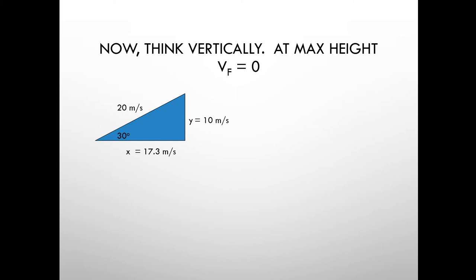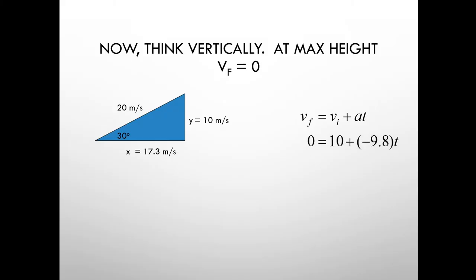So thinking strictly vertically, the ball will go up, at some point it will stop and then start to come down. So at the maximum height, the velocity, thinking only vertically, would be 0. It stopped going up and it's about to start coming down. So we can use this kinematic equation. The final velocity will be equal to the initial velocity plus acceleration times time.